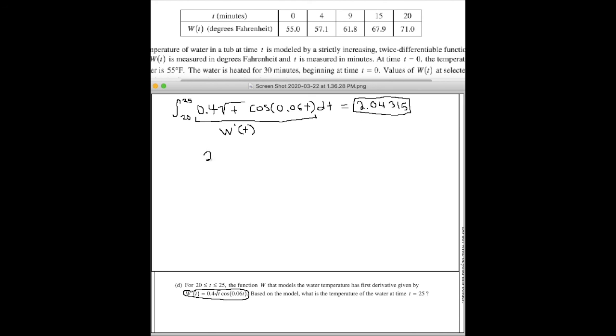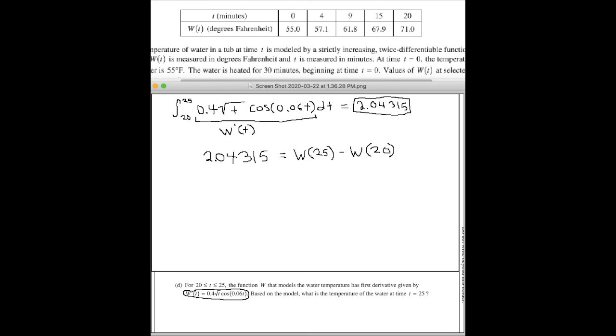So I'm going to put that right down here. And we know that that is equal to W(25) minus W(20), because we're just using the definition of a definite integral.